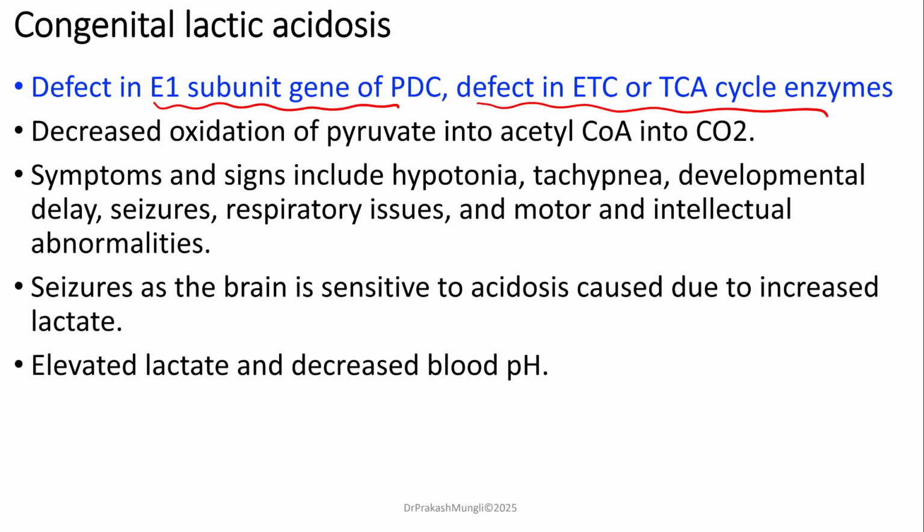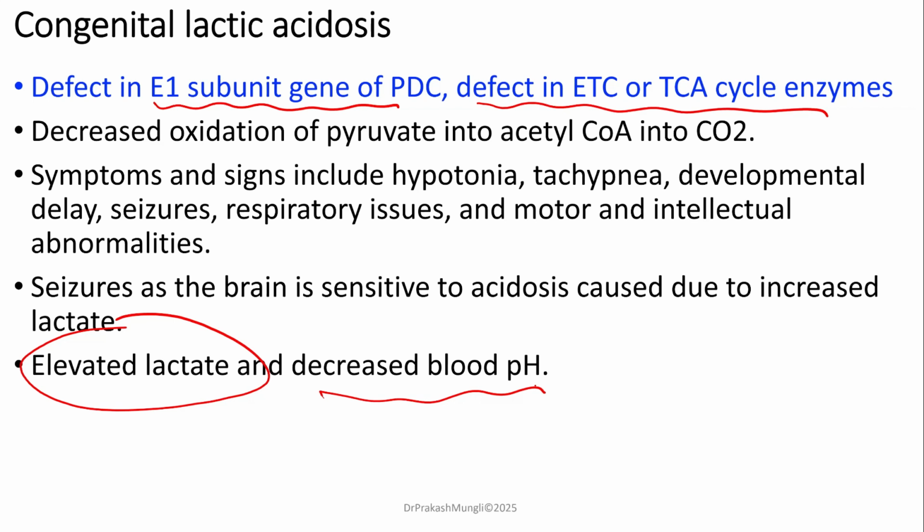Okay. And then there is decreased oxidation of pyruvate into acetyl-CoA into carbon dioxide. So the patient will show elevated lactate and decreased blood pH. Basically, it's acidosis, metabolic acidosis. Some of the consequences of metabolic acidosis I have written here, like hypotonia, tachypnea, developmental delay, seizures, respiratory issues, motor and intellectual abnormalities.